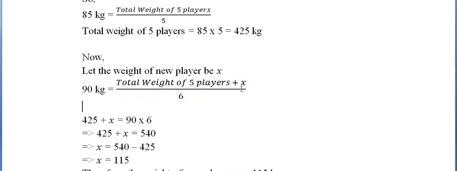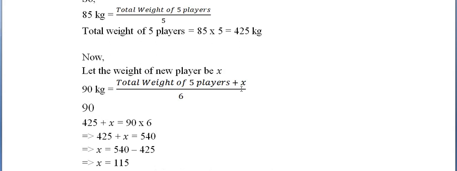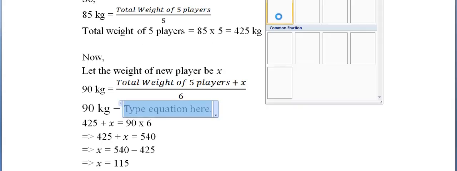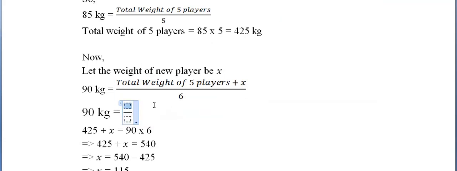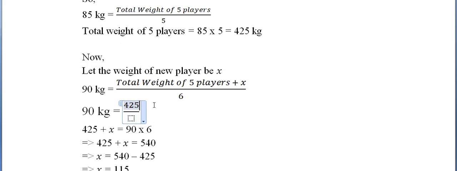Let me just show you. 90 kg equals the total weight of 5 players, which is 425 (we can ignore writing kg for ease in calculation), plus x, divided by number of players.